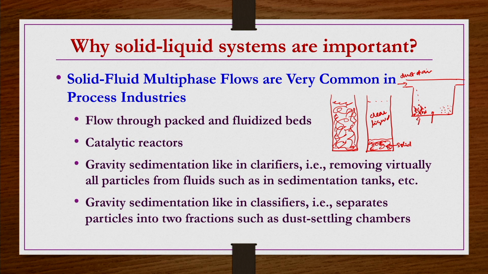So here we have coarse particles settling faster, then fine particles settling slowly, and a medium fraction whose settling velocity is in between these two ranges, and the particle size distribution also in between. Then clear air may be going out from here, depending on the performance of this chamber.